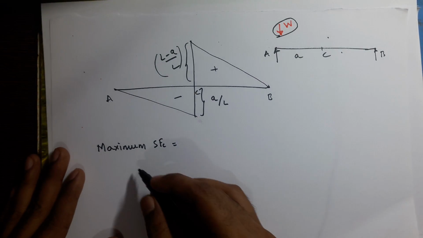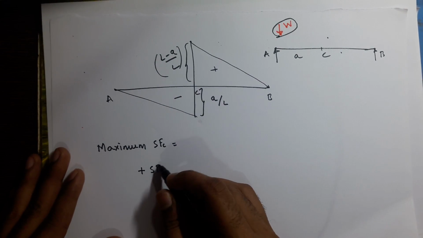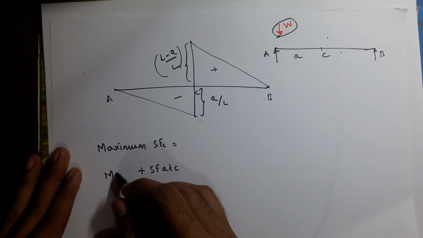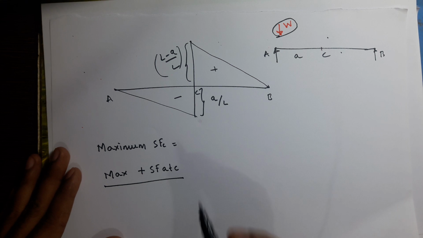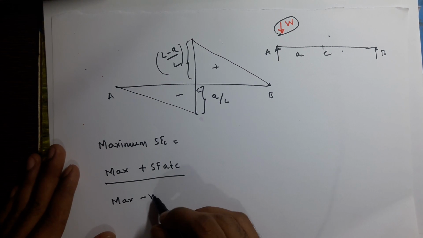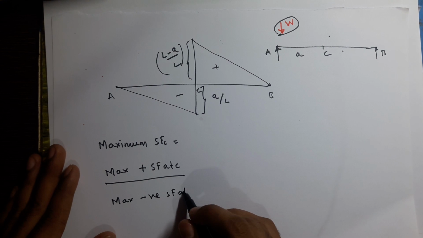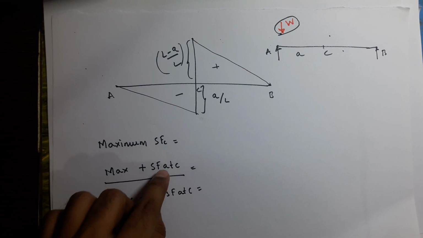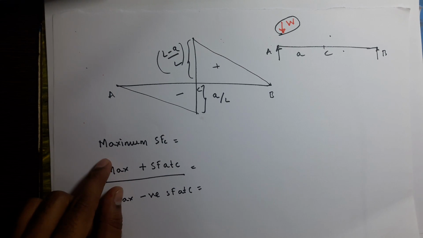So you are getting positive shear force at C. We have to calculate maximum positive shear force at C and maximum negative shear force at C. Both things we have to calculate.